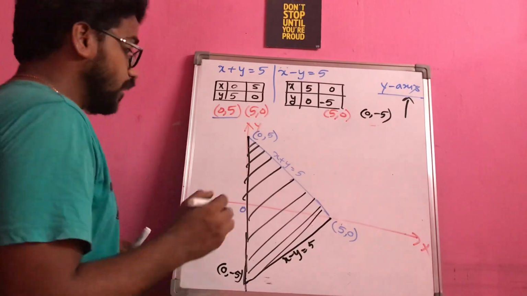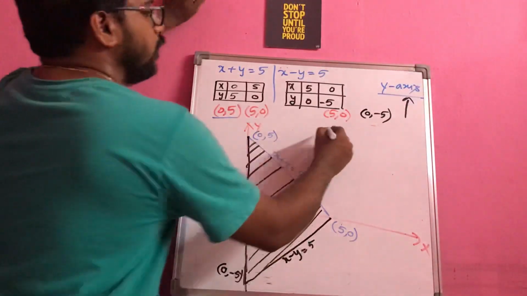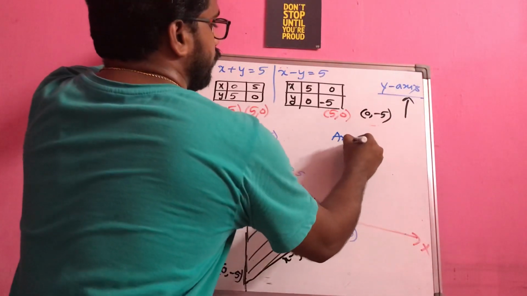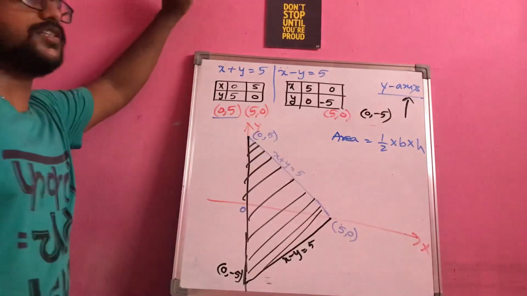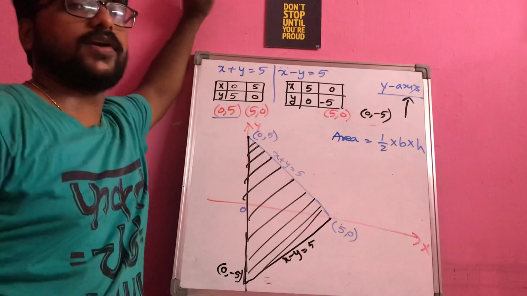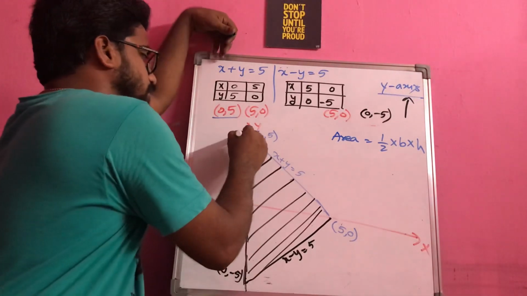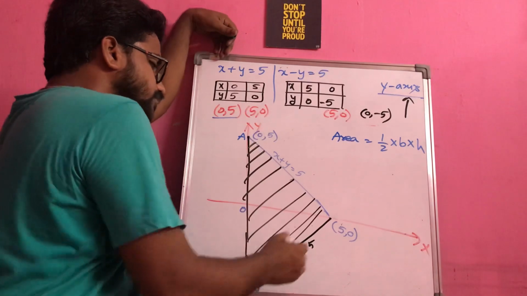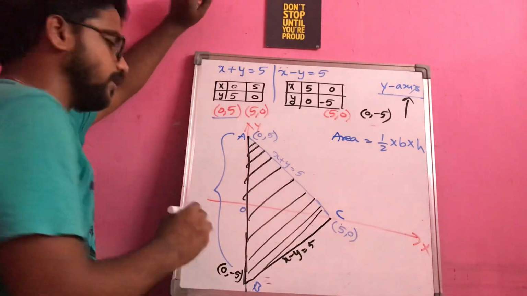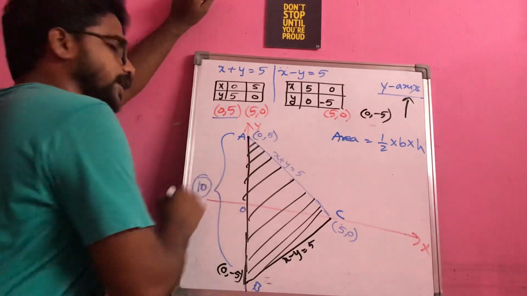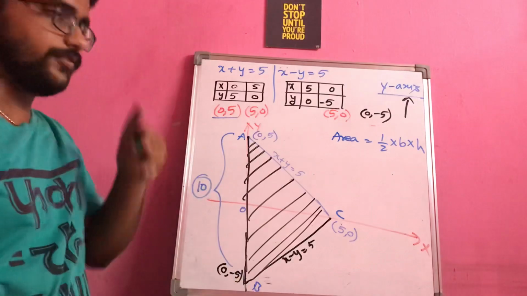Now if I ask you to find the area of this triangle, we know that the area of a triangle is equal to half into base into height. That means first you should find the base and then you have to find the height. For this triangle ABC, this AB is called the base of the triangle whose length is equal to 10 units, because from 0 to 5 is 5 units, and 0 to minus 5 is 5 units.